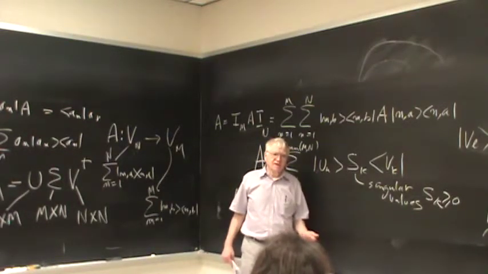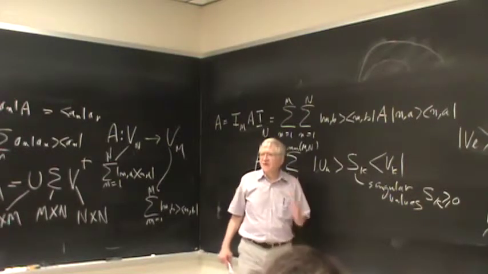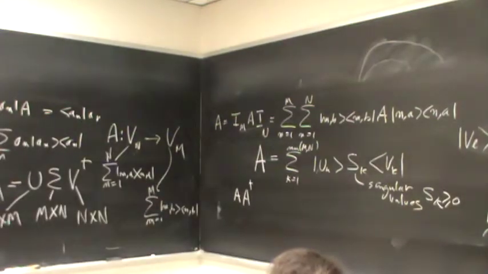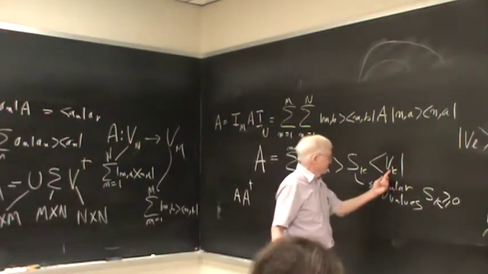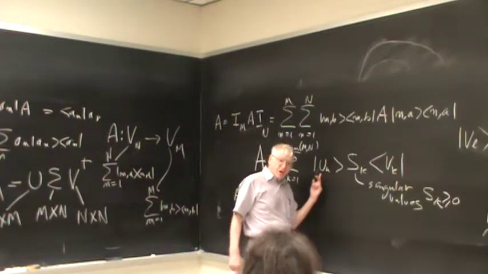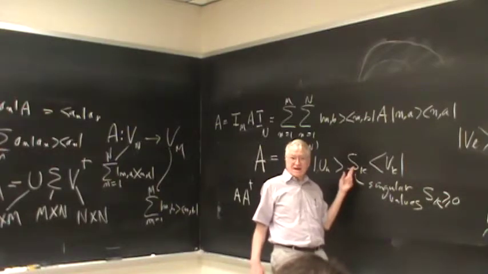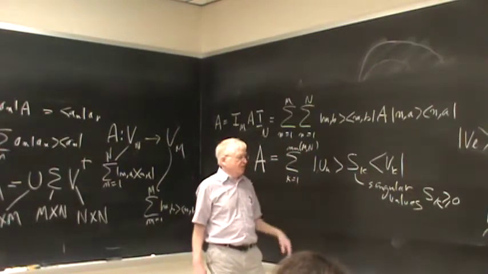Doesn't it basically just simplify all matrices? Yeah, it writes all matrices in an incredibly useful form. It tells you that this matrix takes these orthogonal vectors and maps them into those orthonormal vectors with this weighting. So it's just a remarkable formula.